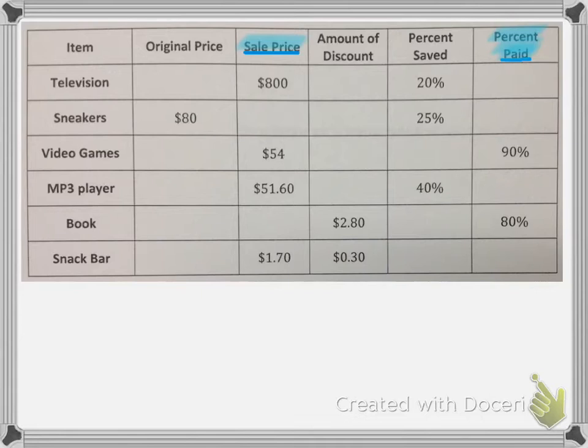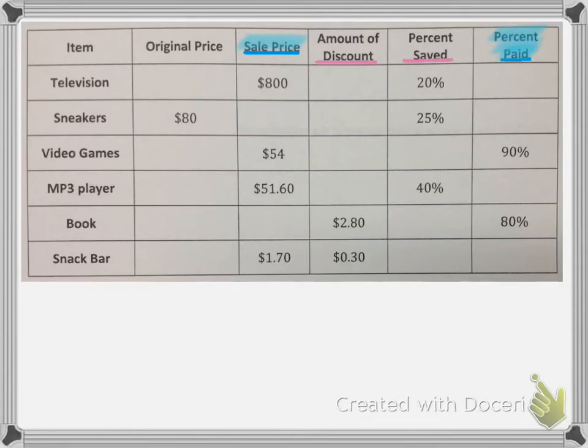Okay, and then we also have another couple that are related, and let me use pink for this. The amount of discount, the amount of money that I don't pay. That's related to the percent that I save.